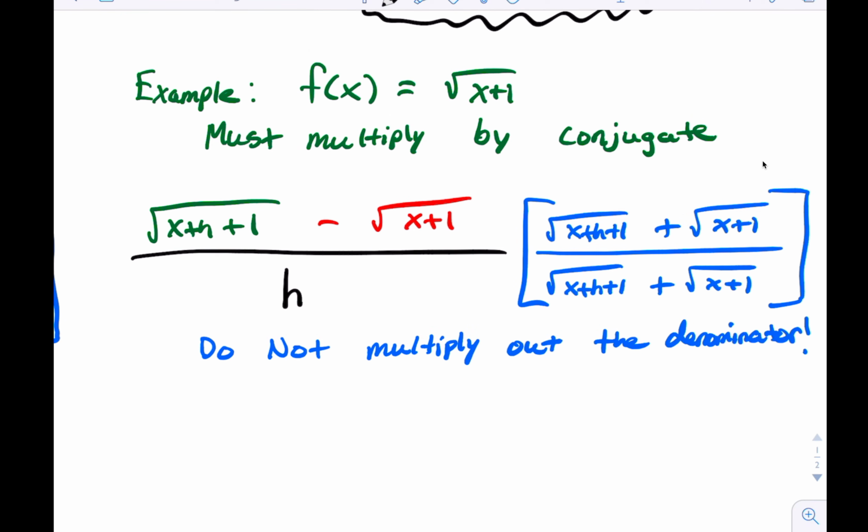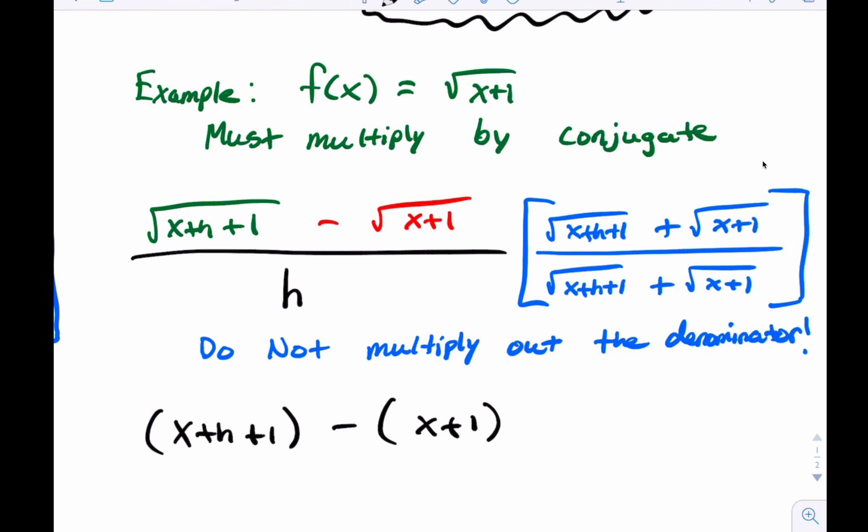Okay, so now again we're going to try and simplify. So when I do square root of x plus h plus 1 times the square root of x plus h plus 1, I'm left with just x plus h plus 1. My middle terms are going to cancel out because they're opposite signs. And then the last one you're going to have is the square root of x plus 1 times the square root of x plus 1, which is minus (x plus 1).